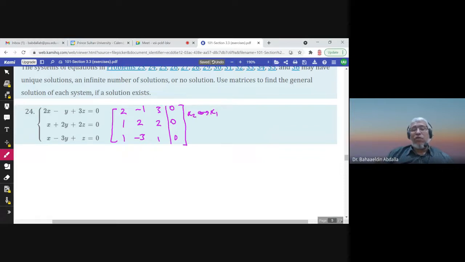I can write 2, 1 or 1, 2, it doesn't matter. So I interchanged row 1 and row 2.